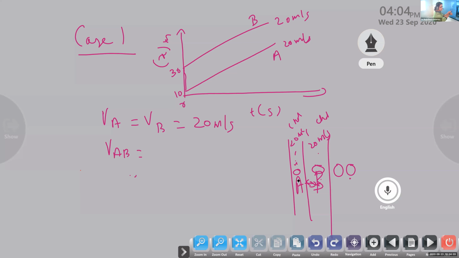You are in bus B, looking at A. That is the relative velocity of A with respect to B. What is the velocity for you when you are looking at A? According to the equation, VAB is equal to what? What's the equation, Nevin? VAB is equal to?